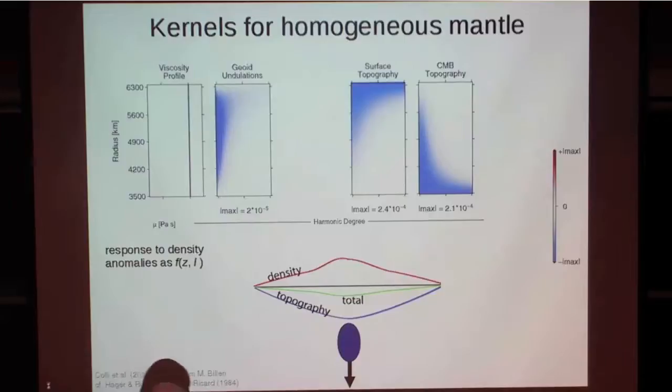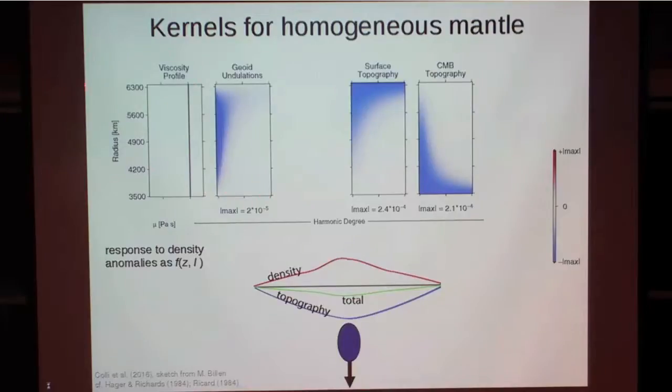Instead of using a single sphere, we can express this in spherical harmonics and compute response functions of certain quantities, such as the geoid, the surface topography, and the CMB topography, to internal density anomalies of a certain wavelength, long or short, and at a certain depth.